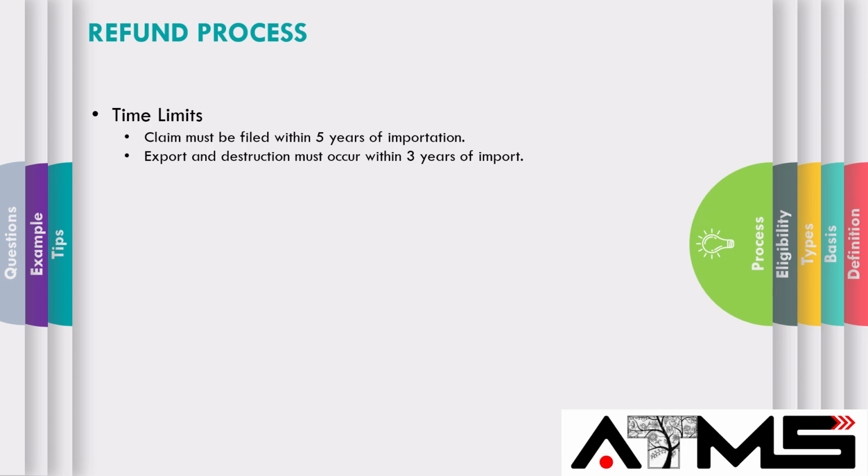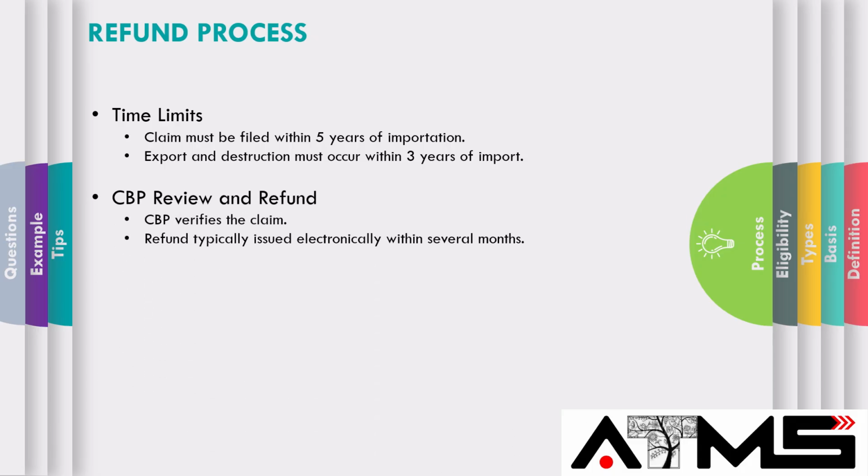If destruction occurs after the 3-year period, for example, 4 years after importation, even if the claim is filed within 5 years, it will be denied. Once submitted, your claim will be reviewed by CBP, and upon approval, the refund is typically issued within several months.